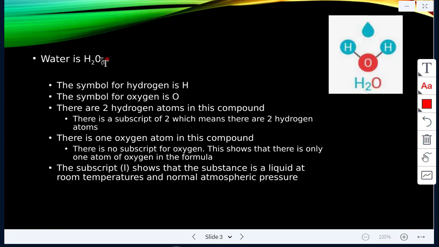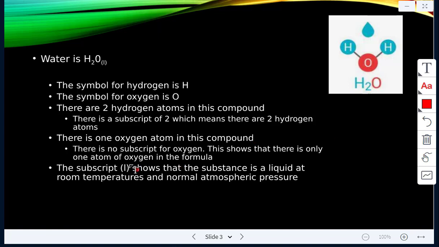All right, don't confuse this little bracket as a 1. That is actually the letter L, representing liquid. So there's 1 oxygen atom in this compound. Anytime you see an element with no subscript, it means that there's 1 atom of that element.